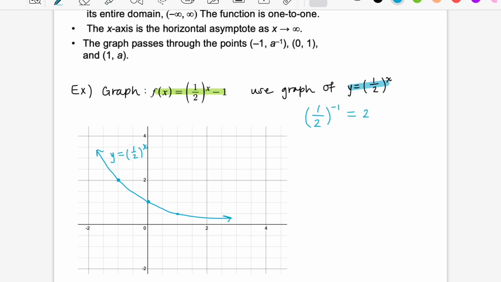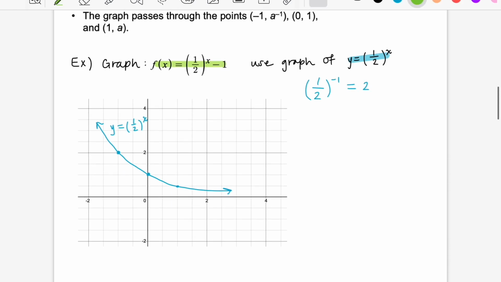So we'll do this one in green. And so we know, using our graph translations, that this is just going to be our parent graph here, shifted 1 unit downward. So that's what we'll do for each point that we just found. For example, this point here, we're just going to shift that 1 unit downward. We'll shift this one 1 unit downward.